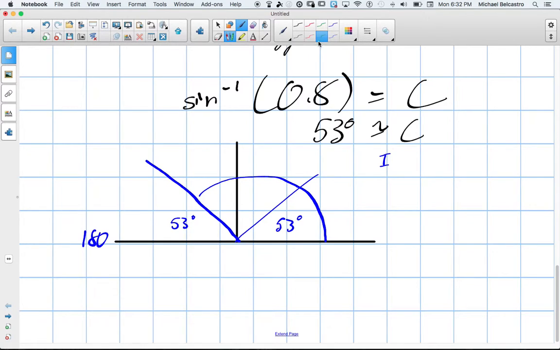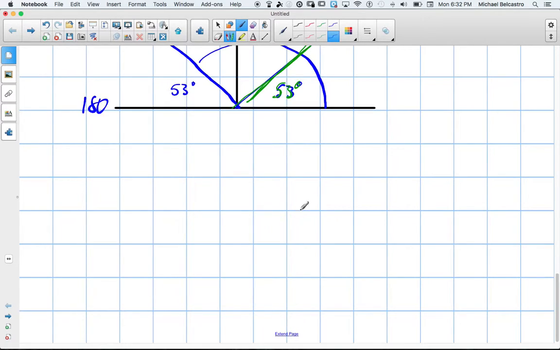Say that this was in green, and it's 53. This one is 180 minus 53, which gives us 127 degrees. So we have two possibilities.